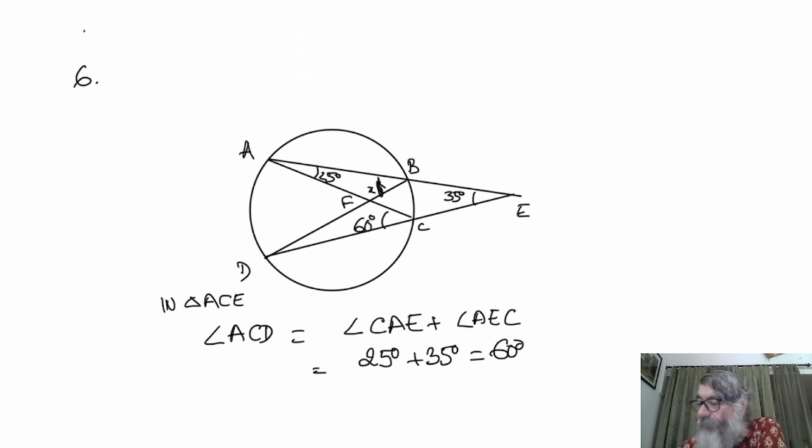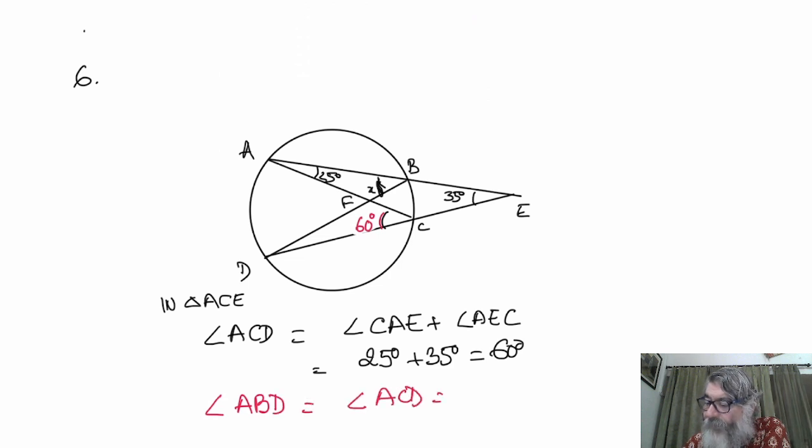This angle becomes 60 degrees. Angle ABD will be equal to angle ACD, which is equal to 60 degrees.